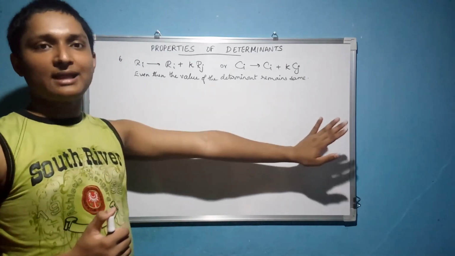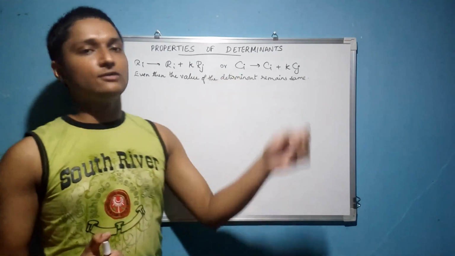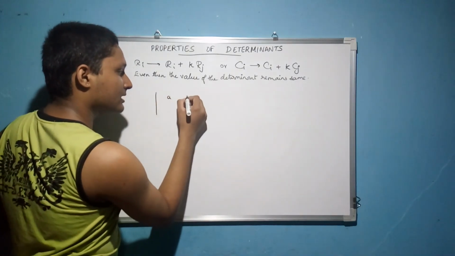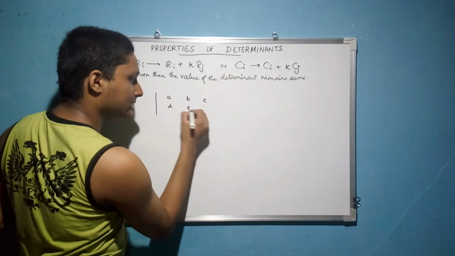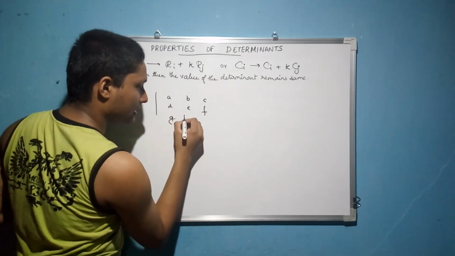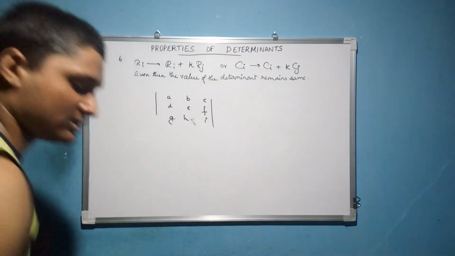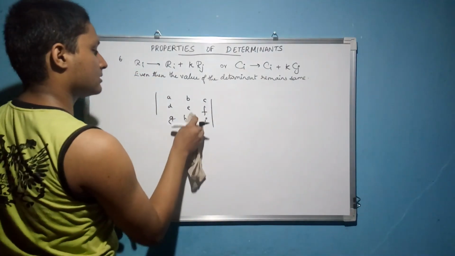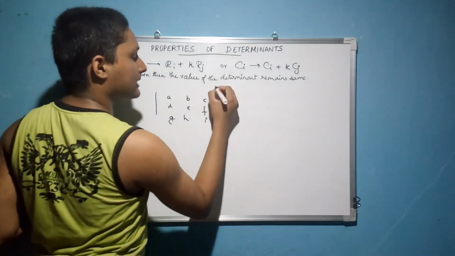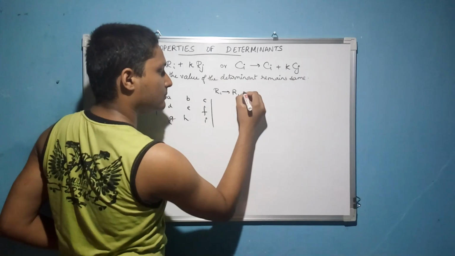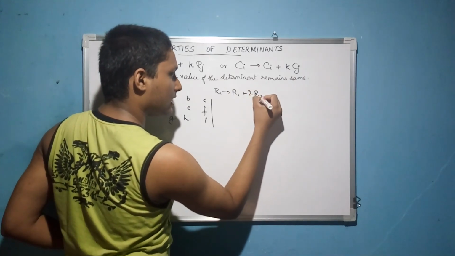So even if you apply this one, the value of the determinant remains the same. If I have to show an example, I'll write A, B, C, D, E, F, G, H, I. Okay, this much is alright. I'll apply R1 becomes R1 plus 2 times R2.